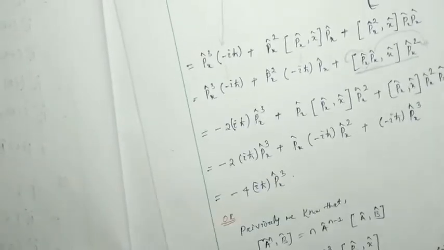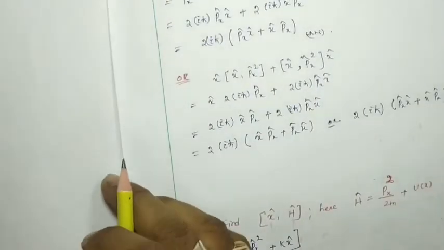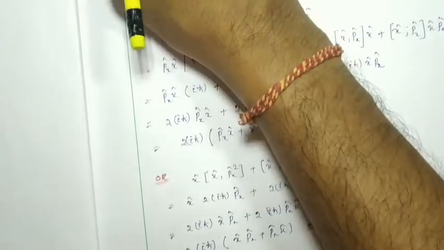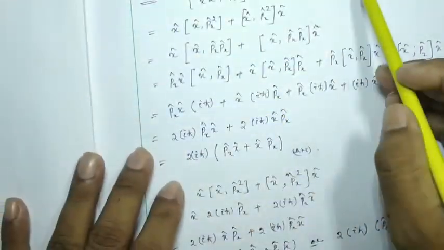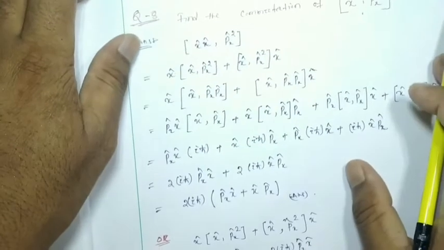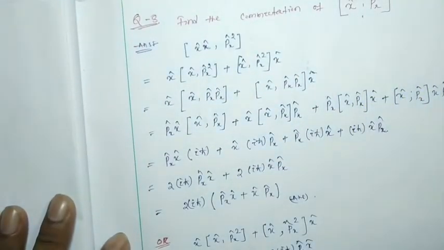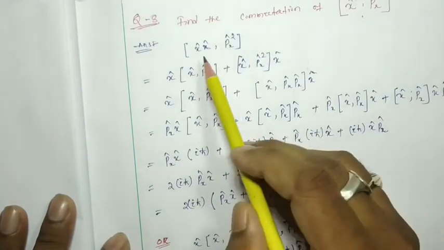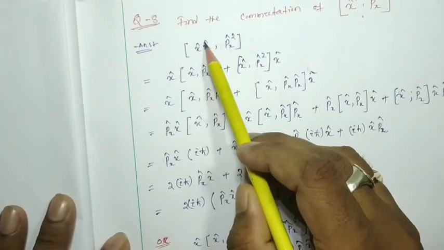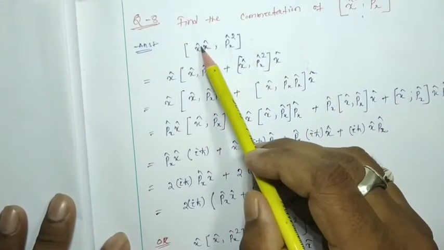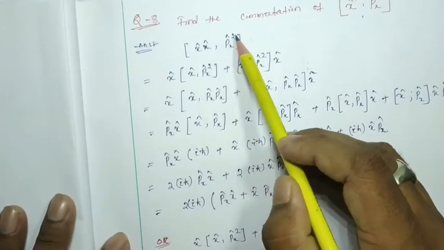Okay, we have to move towards the next problem, that is another somewhat interesting problem, that is x cap square px cap square. Okay, find out the commutation of x cap square px cap square. So here what we done, that first we have to consider x cap into x cap. The x cap square has been segregated as x cap into x cap px cap square.